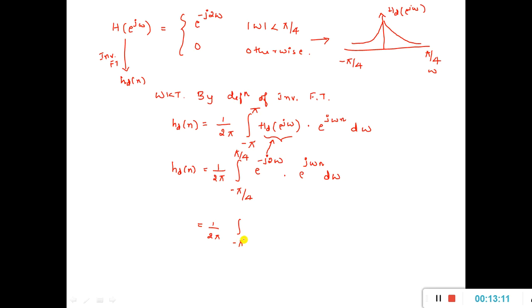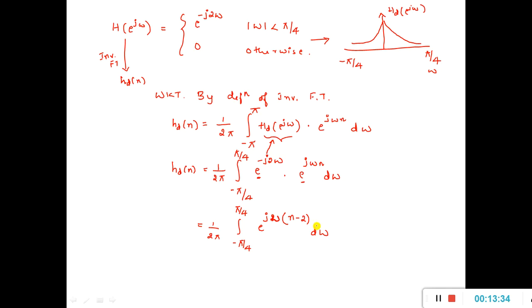I can rewrite the above equation as: the bases are the same, so powers can be added, right? Therefore e to the power of j 2 omega, I will take j omega outside as a common factor, (n minus 2) d omega, right?